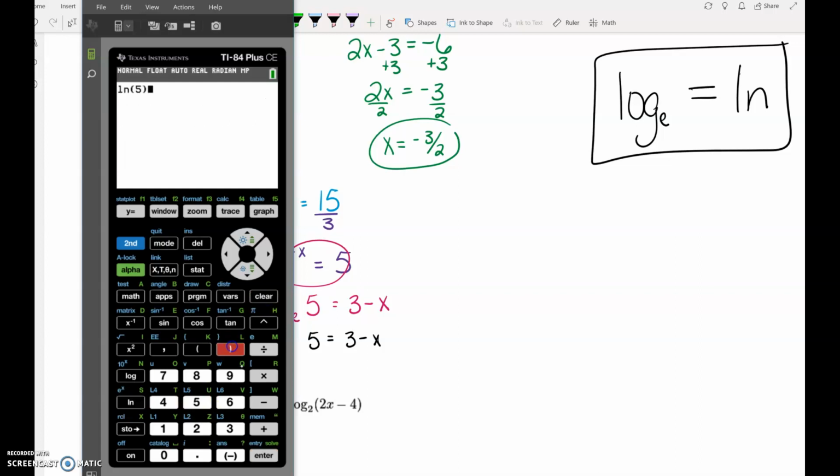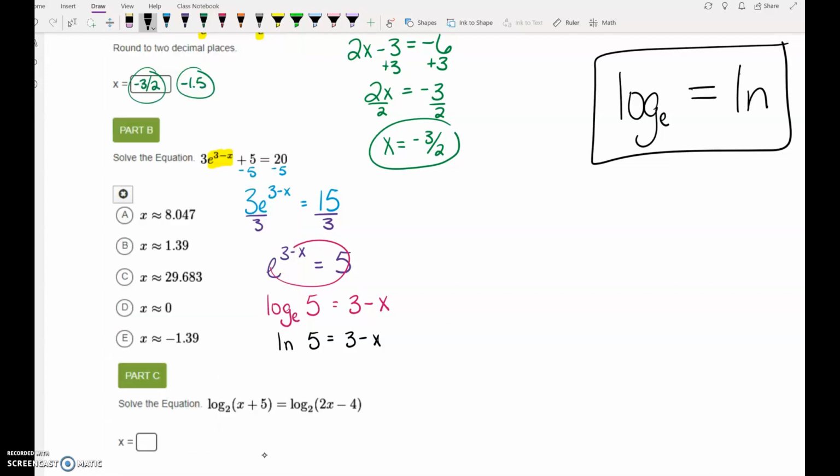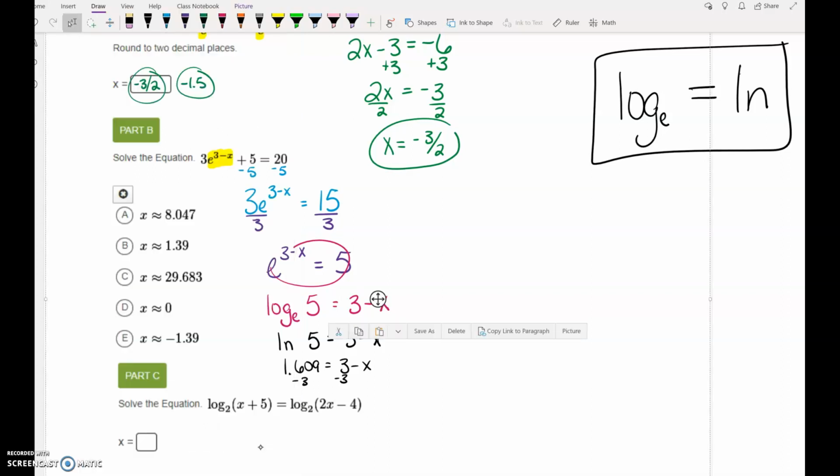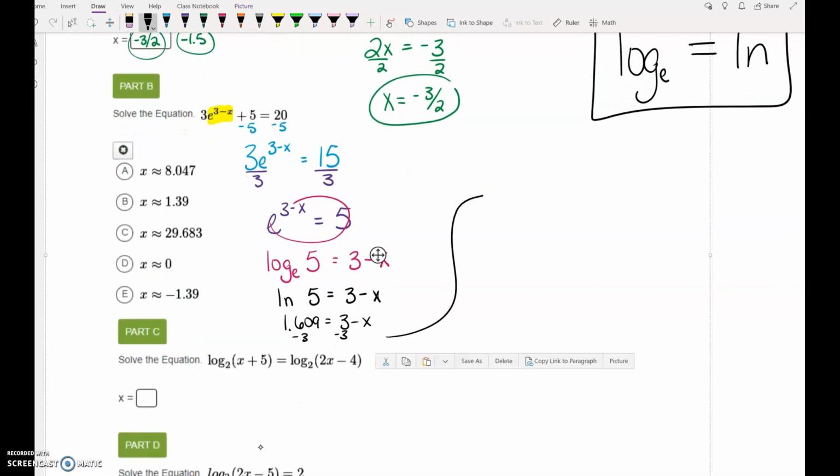ln of 5 is 1.609. Subtract 3 on both sides, so you can take 1.609 minus 3. Negative 1.391. I'm going to just come right up here. Make sure I got that number correct.